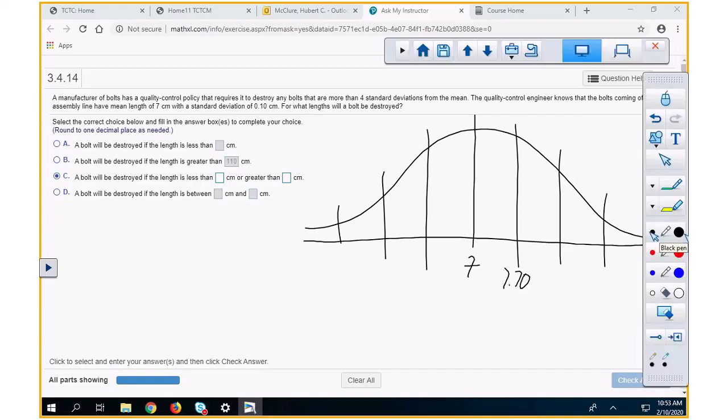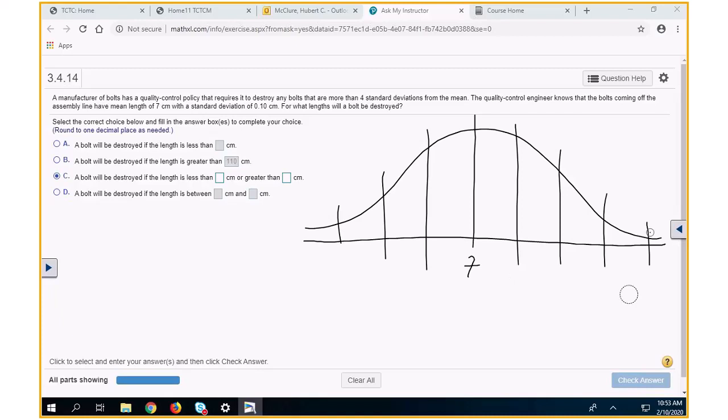7, 7, 10. Oh, I can't write now. 7, 10, 7, 20, 7, 30, 7, 40. Now the question says 690, 680, 670, and 660.